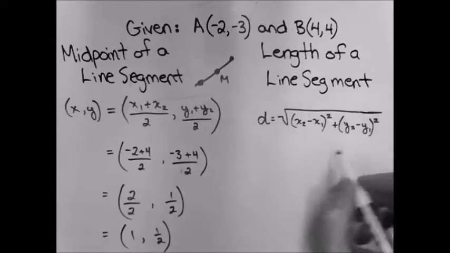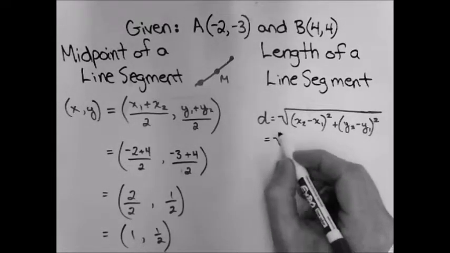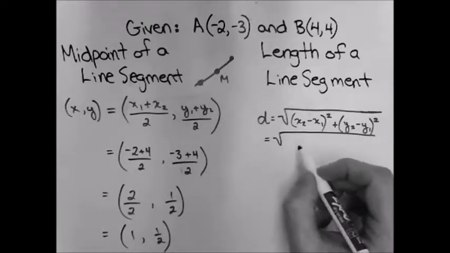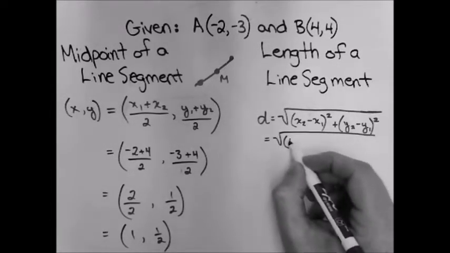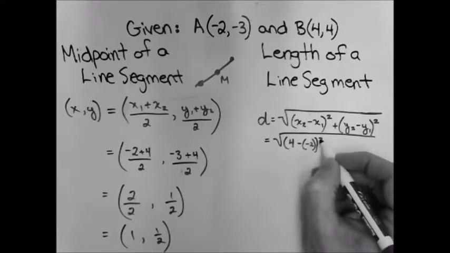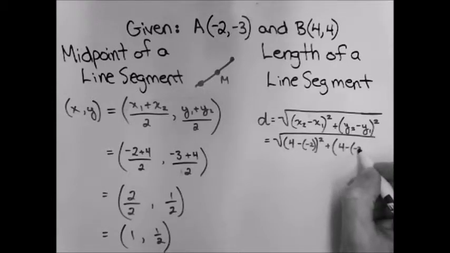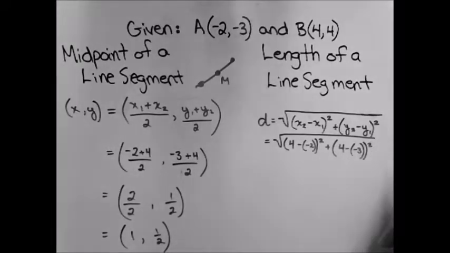And this was derived from the Pythagorean theorem. Now subbing in the points A and B as an example, we have our x values. Our x2 will be from point B, so we have 4 minus -2 squared, plus 4 minus -3 squared.